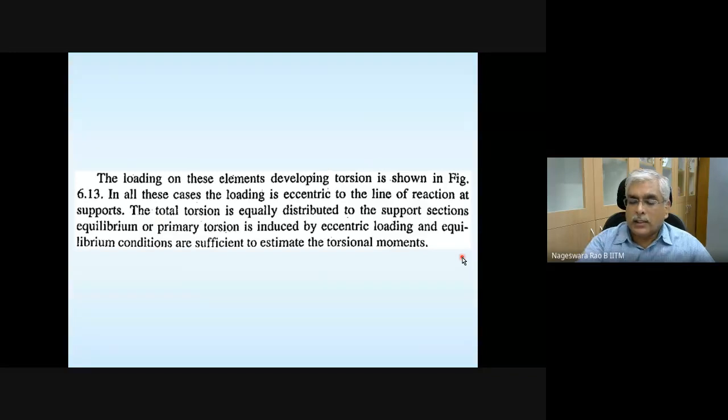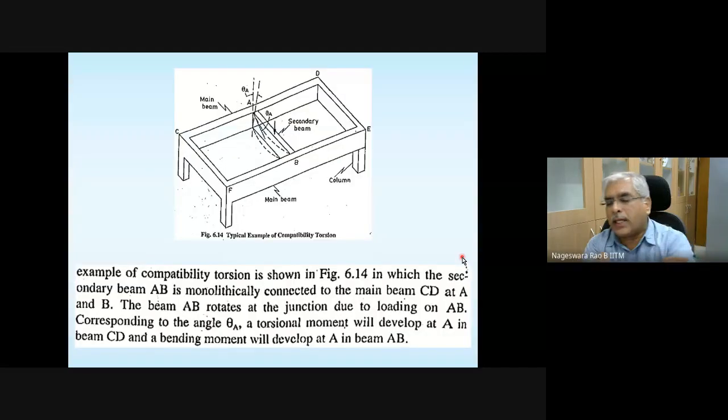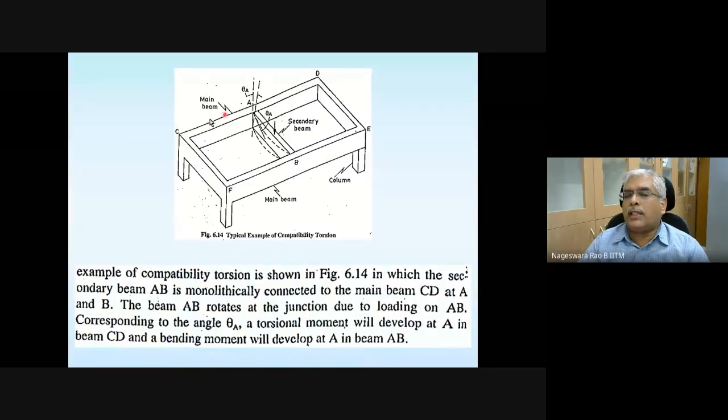Okay, so let's see what a secondary torsion is, or let me show you first an example, then you will understand better. Suppose you have a grid of beams like this, and this is a beam, and this is another beam, and these two beams are main beams.